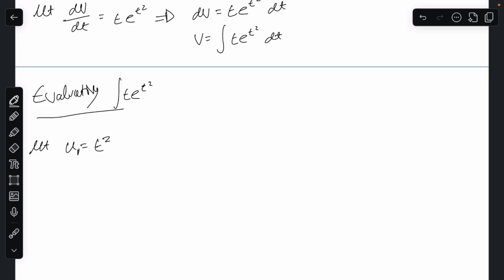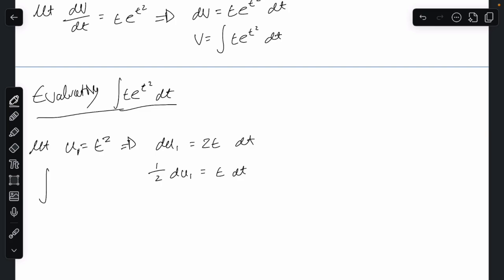Well, if I let u1 equal t squared, then du1 is equal to 2t dt, and so from here I can say a half of du1 is equal to t dt.